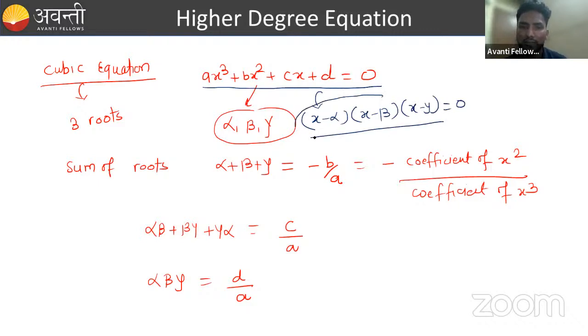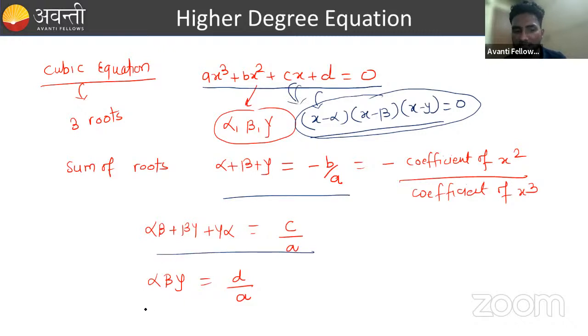If you multiply this out and compare with the original cubic equation, you get all these 3 results. For now you just have to remember these relations. Is it clear, guys? Sorry, it is minus d by a. You can remember it like this: first minus b by a, then c by a, once minus, once plus, and again minus d by a.